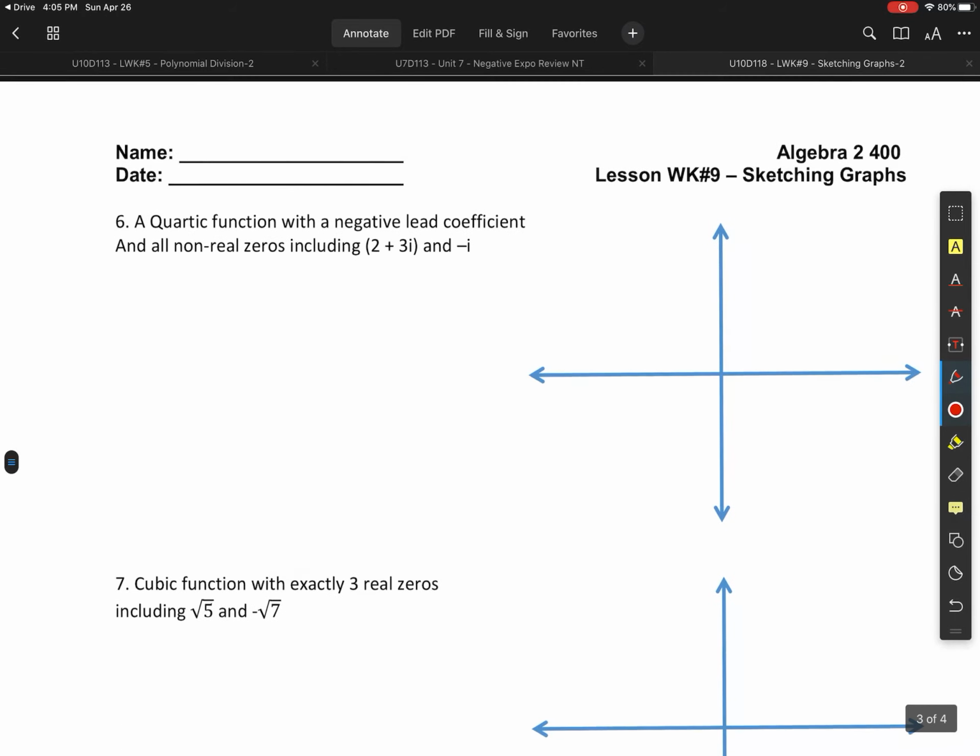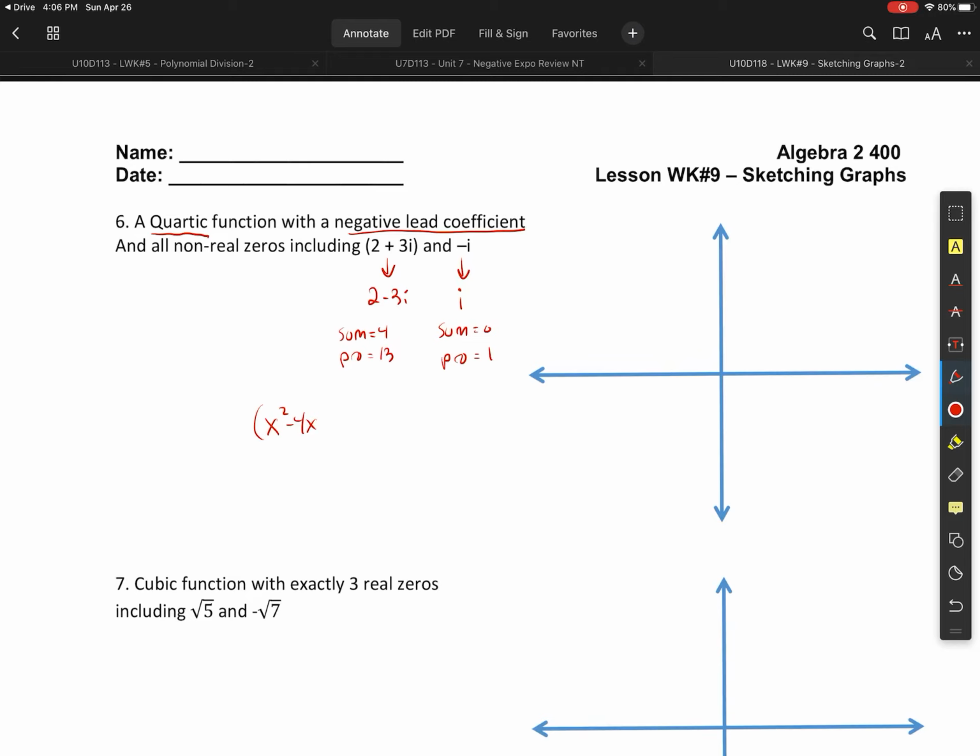A few more. Problem 6. Quartic function, negative lead coefficient, all non-zero, including this, which means we have 2 minus 3i, and this, which means we have i. Alright, so time to make our equation. Sum is 4, product is 13, sum is 0, product is 1.